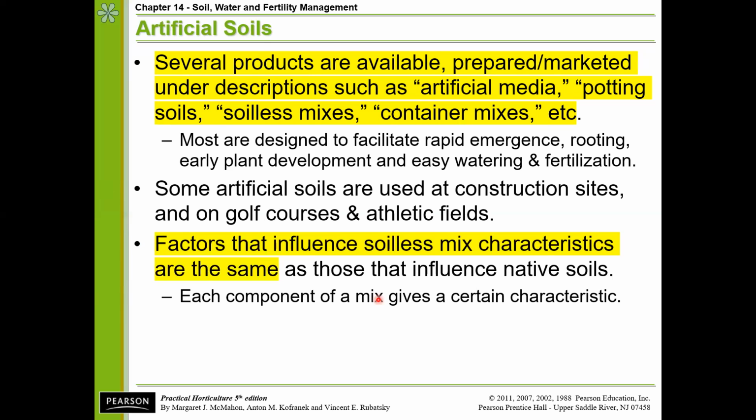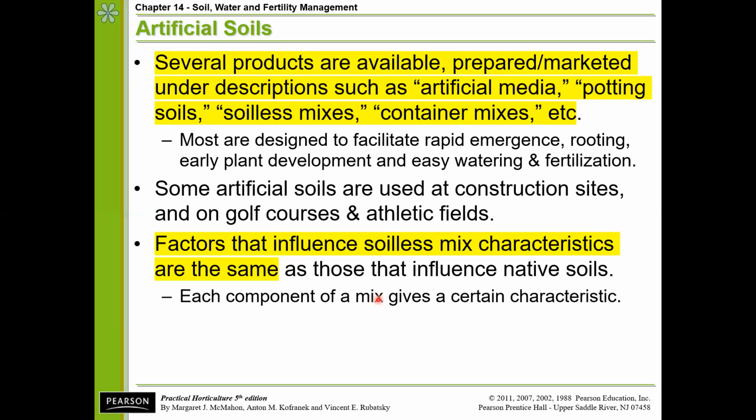The difference is that it's not coming from parent rock naturally formed on site. Some of it is coming from rock, but it's a mixture of different components together to still provide the anchor and the nutrient and water exchange that soil does, but just doing it in a different way, in a different environment.